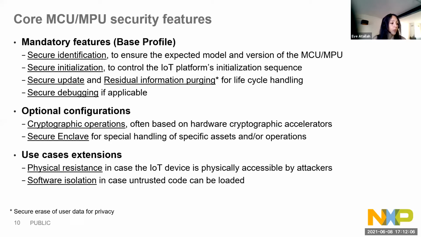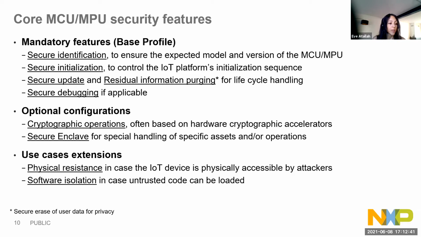Which brings us to the last type of security features, the ones from a category called extra attacker protections. So these are related to the environmental conditions under which the IoT device is executing. Basically, by default, in SESIP, the IoT device is expected to be manipulated by trusted users only, and only containing trusted code that cannot attack it or be used to attack the MCU/MPU.